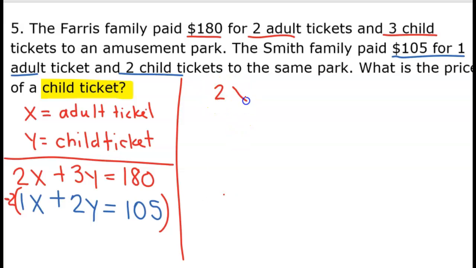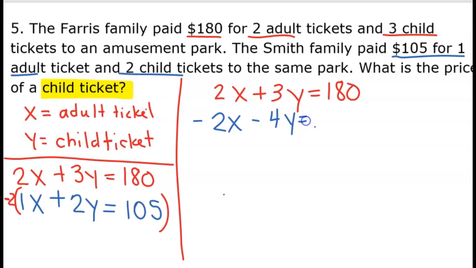So I have my first equation, just rewriting the first equation. This equation I'm going to multiply by 2. Excuse me, I'm going to multiply by negative 2. There's the first equation.